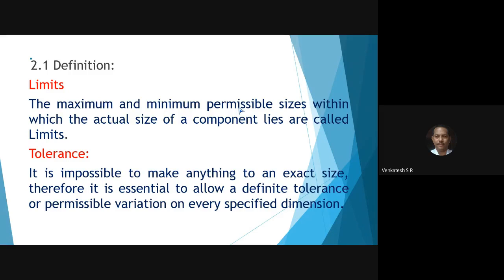As per the instruction from the principal and the department, you have 1.5 modules of portions for the first test.